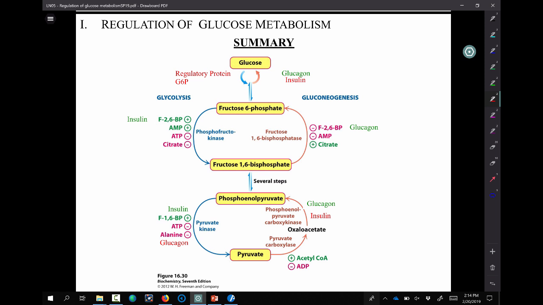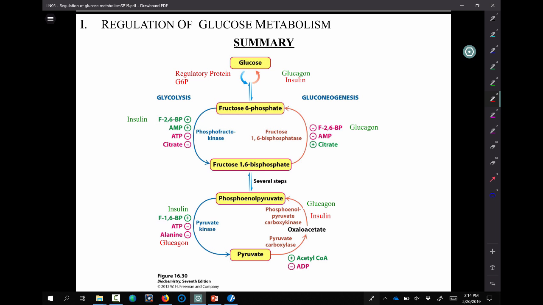And you see by each of these enzymes, I don't have the names of the enzymes up, well, not the top one anyway, we have the names of this one, PFK1, right, and FBPase1 and pyruvate kinase, and the others down below, PEPCK and pyruvate carboxylase. All right, but you have all these other things listed by each of these reactions. Those things are things that regulate these steps, and you can see that there's actually a large number of them that regulate this pathway. It can be fairly complex.